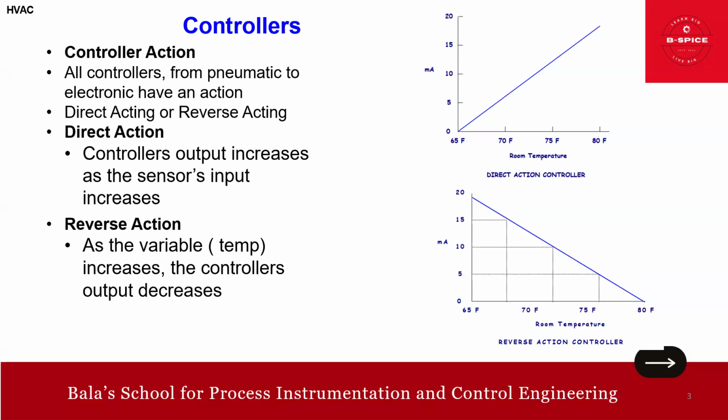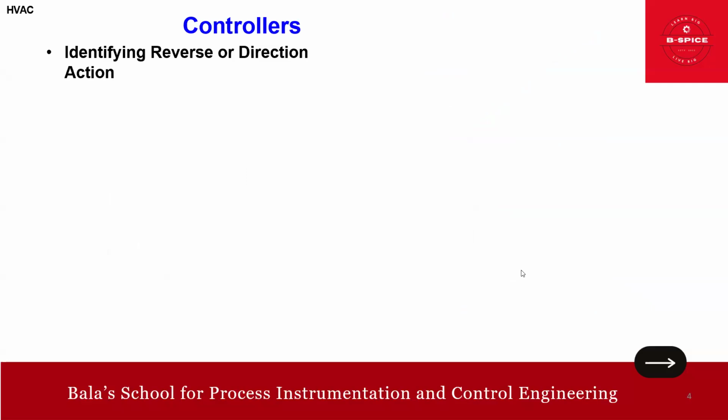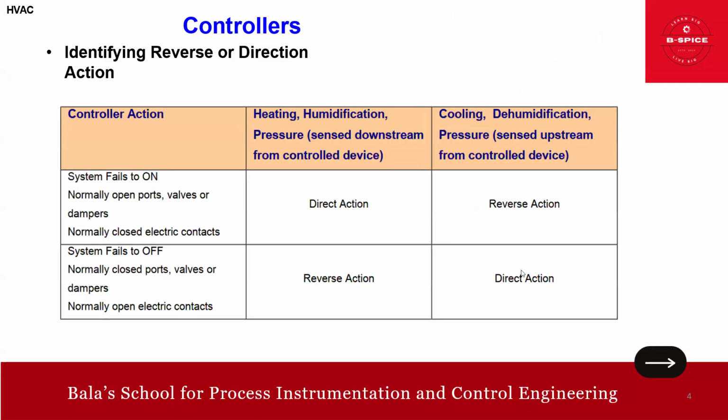Now we'll go into the very, very critical aspect of this session: how to identify the reverse or direct action. Just focus on this table, friends. Very, very important. Controller action and the parameters here. Based on this parameter, like heating, humidification, and pressure sensed downstream from the control device, then cooling, dehumidification, and pressure sensed upstream from the control device.